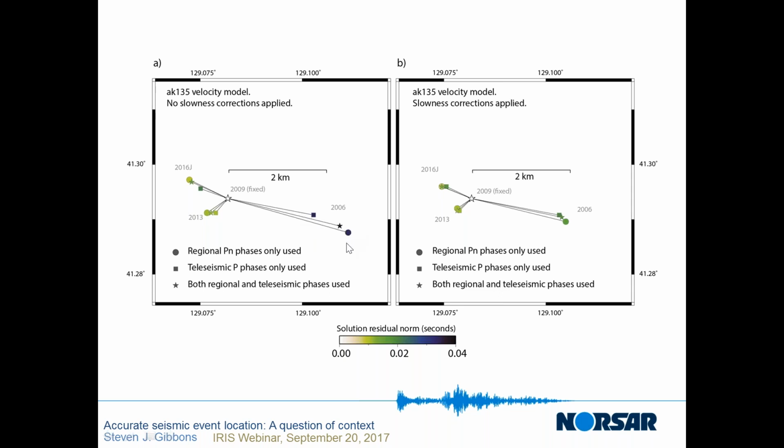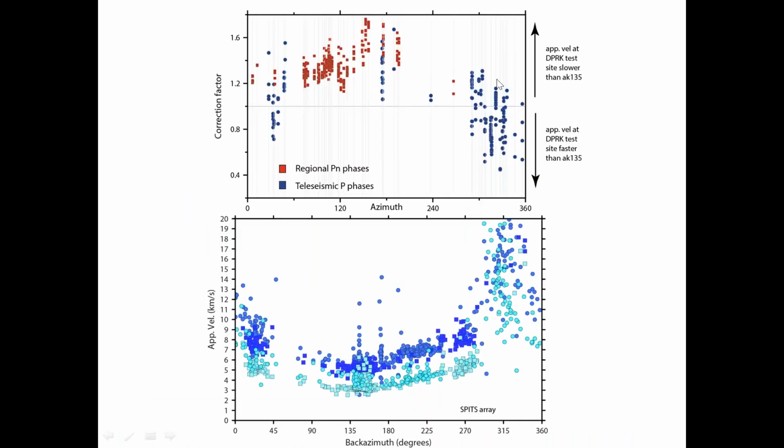This is the Wen and Long result. I'm using only stations at regional distances. And it ends up significantly further, so 800-900 meters further away than if you use teleseismic only. But then when you apply these slowness corrections, the changes to the apparent velocity for the waveform leaving, they almost fall on top of each other, and it's becoming much more robust.